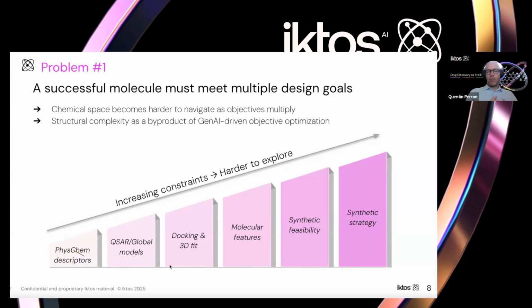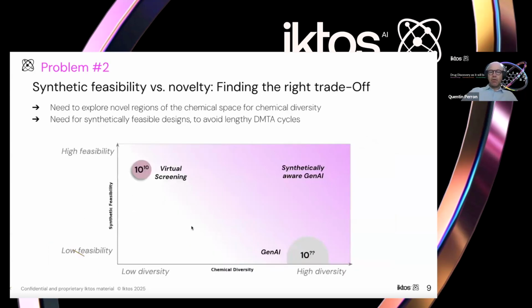The problem is that the more constraints you add to the system, the more difficult it is to find molecules which satisfy all those constraints. And usually, one of the byproducts of addition of constraints is structural complexity. So this is something we need to live with.